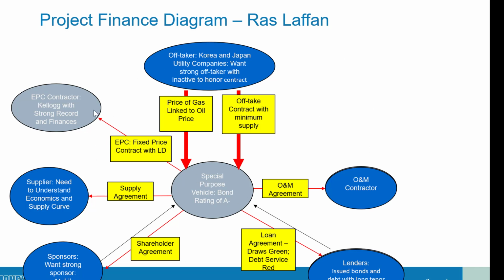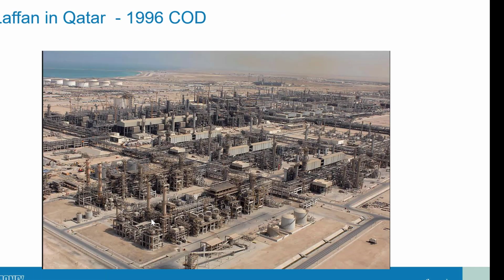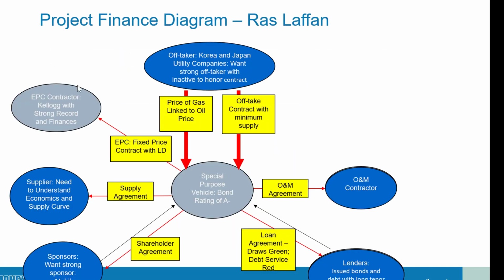And then they got a really good contractor. And they signed a fixed price contract that makes sure that they're not just going to sit here and waste money and have big cost overruns on this. The EPC contractor with a track record signed a fixed price contract and guaranteed that you'd get rid of the construction cost overrun risk.